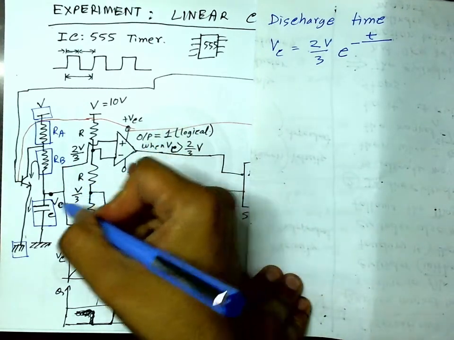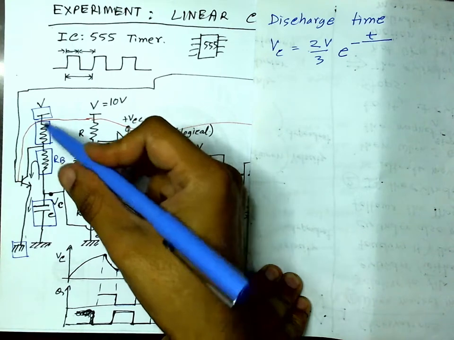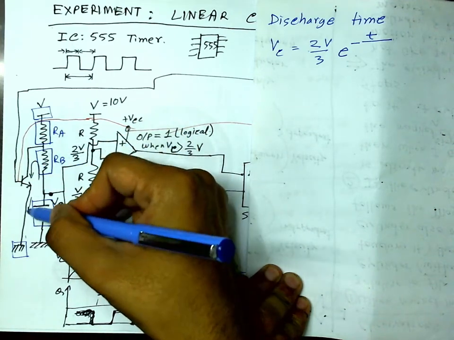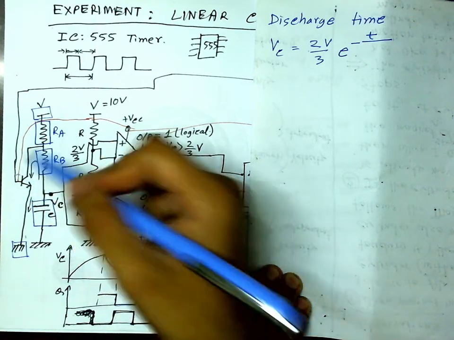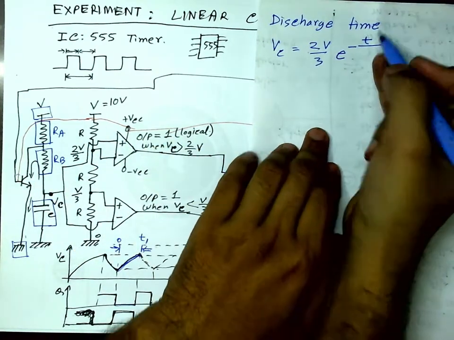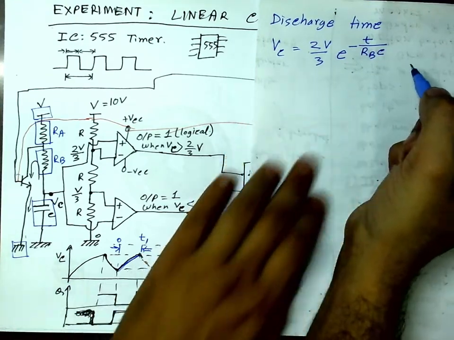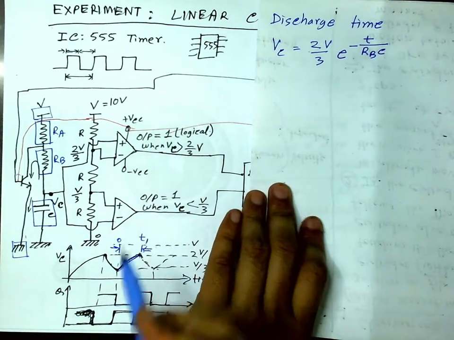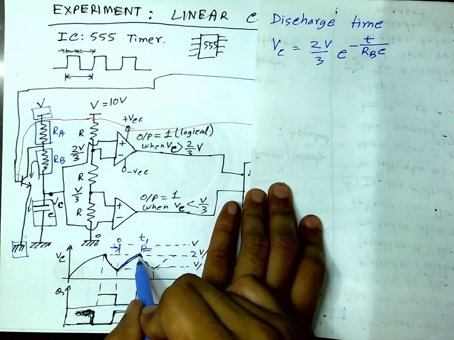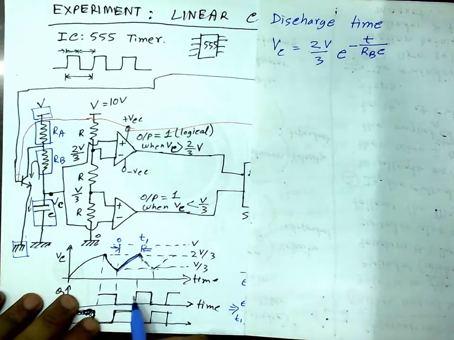The capacitor is discharged through RB only, RA is not there. If I assume this transistor has no resistance, then RB times C is the time constant for discharging.